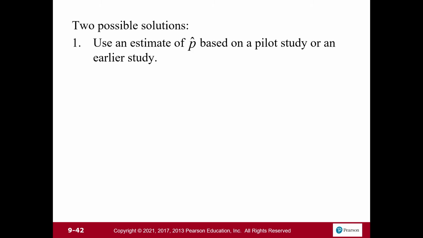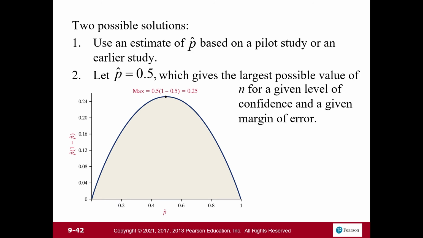So let's keep going. Well, sometimes what we do is if we don't know what p hat is and we need to get the sample size, we need to get n, we'll let p hat be 0.5.